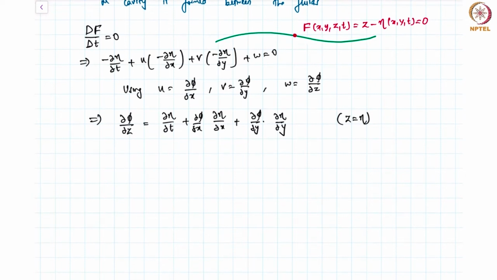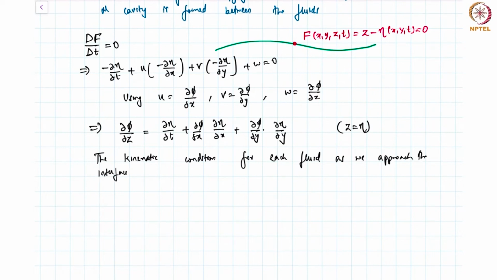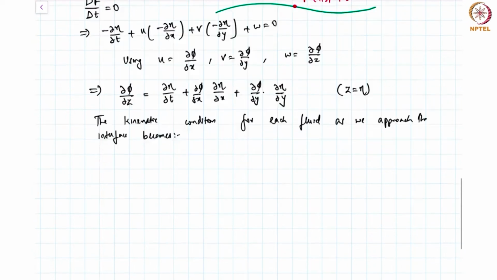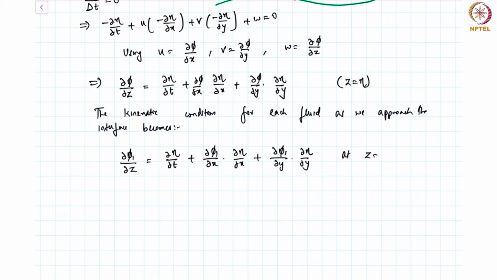So the kinematic condition for each fluid, as we approach the interface, becomes del phi 1 by del z is equal to del eta by del t plus del phi 1 by del x times del eta by del x plus del phi 1 by del y times del eta by del y, at z equals eta.